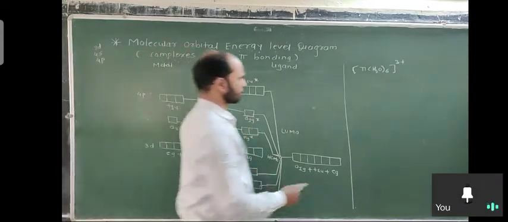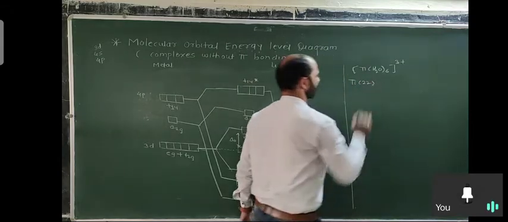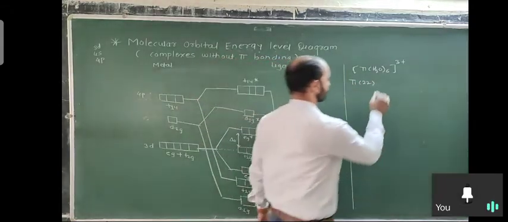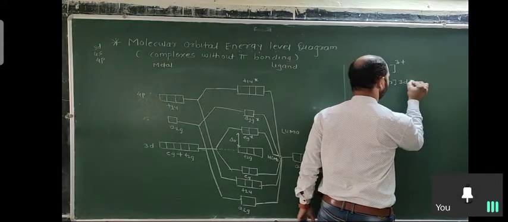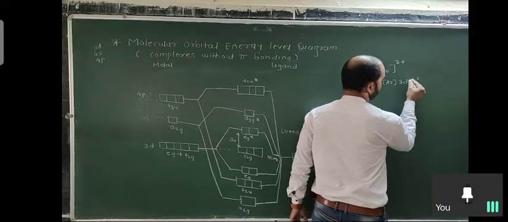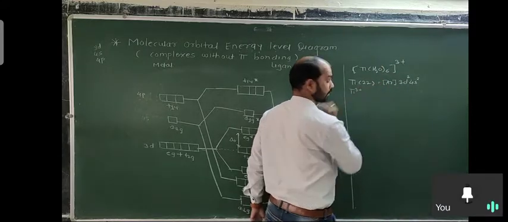So you know the atomic number: titanium has atomic number 22, and the electronic configuration is [Ar] 3d2 4s2. But here titanium has a +3 oxidation state.